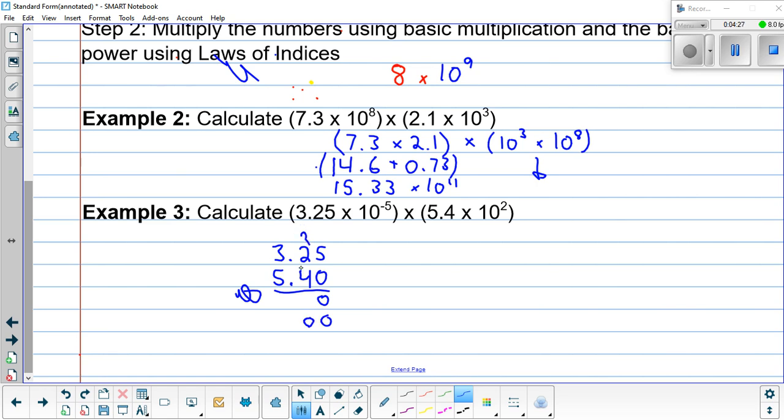So you should be doing this for yourself always, because that's the only way you're going to maintain your skills of multiplying. Because if you don't use them, you lose them. So we're just working through our multiplication one by one. You might do it a different way, completely fine. This is just my preferred method for myself.